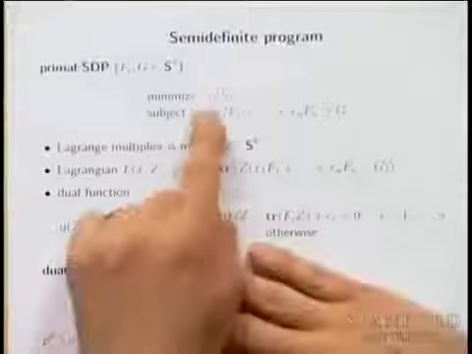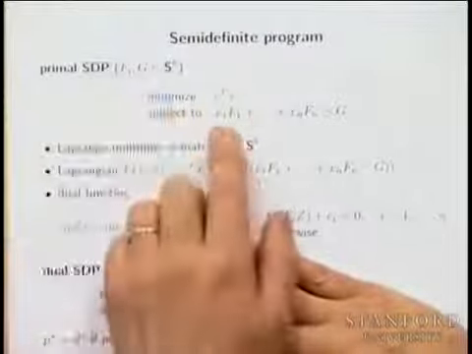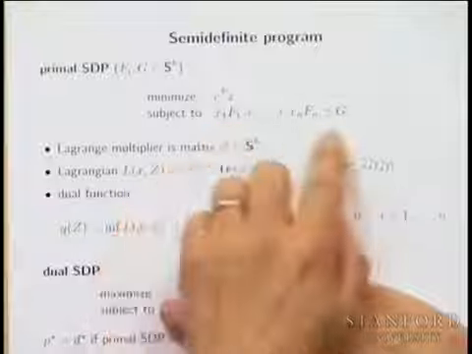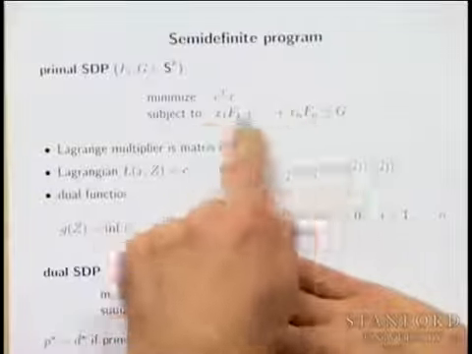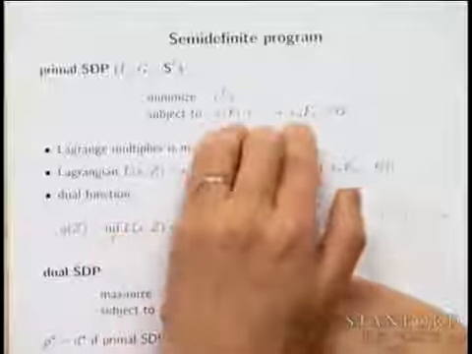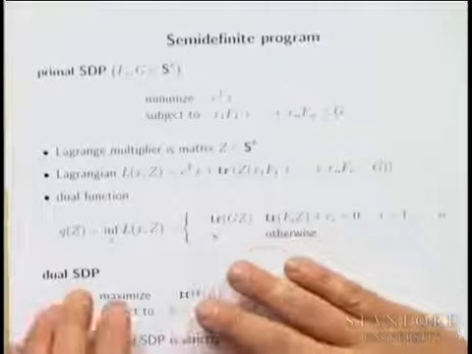And I just want to do one example of that. It's a semidefinite program. So you want to minimize c transpose x subject to, by the way, this is called an SDP in inequality form, subject to an LMI, a linear matrix inequality, less than or equal to, in the matrix sense, another matrix.